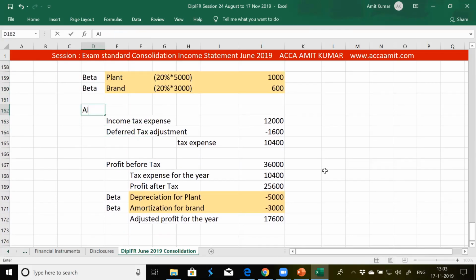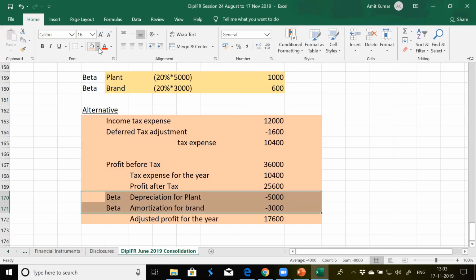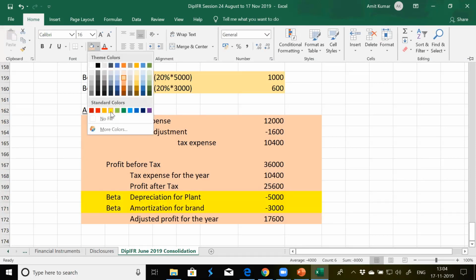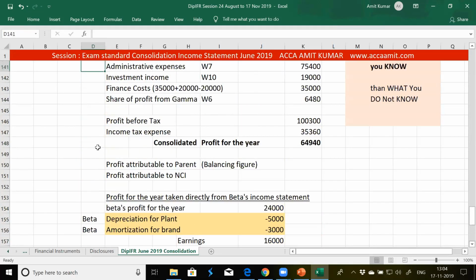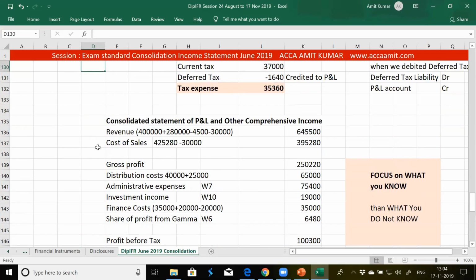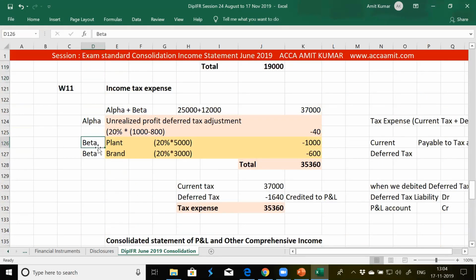So this is an alternative. In the same manner in which I explained the deduction of income tax here, income tax expense, that our tax expense is 37,000, 1,600 removed from it, our tax expense is 35,360.